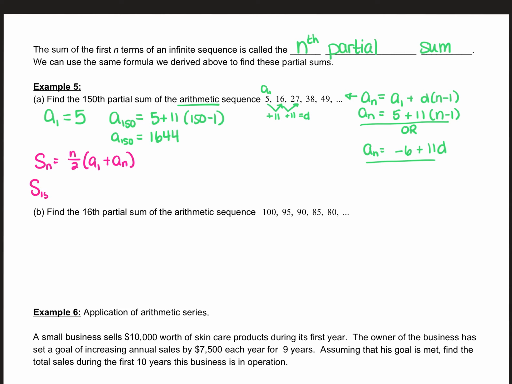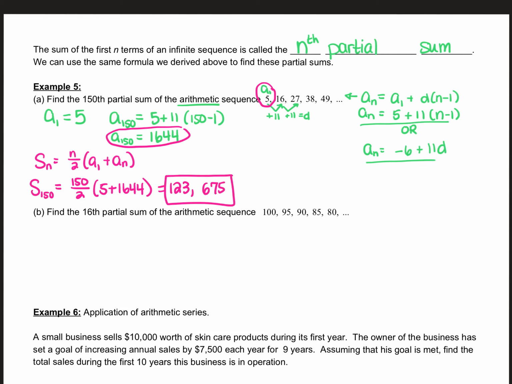So the sum of the first 150 terms will be 150 divided by 2 times a sub 1, which is 5, plus a sub n, well, that's a sub 150 in our case, which is 1644. Well, now I've got everything I need. I just need to type that into my calculator. And when you do so, you should get 123,675. Now that's going to be a whole lot quicker than it would be if we actually just generated all of those terms and added them together.